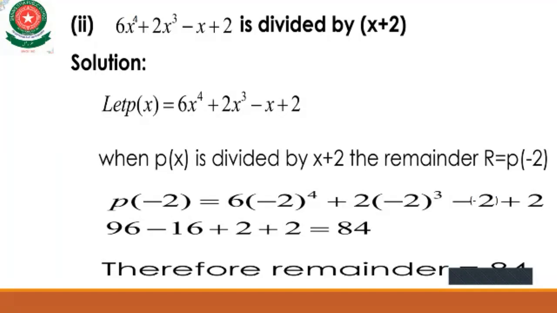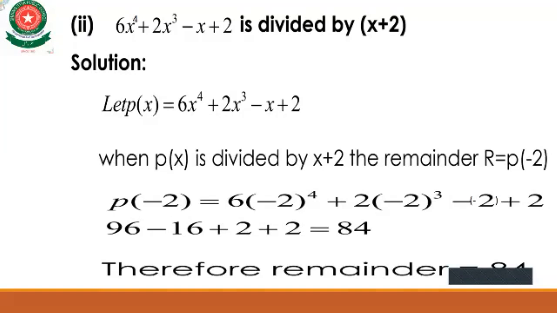p of minus 2 is equal to 6 into minus 2 power 4 plus 2 into minus 2 power cube minus minus 2 plus 2. 2 power 4 is 16, because here the power is even, that will change the sign negative into positive.